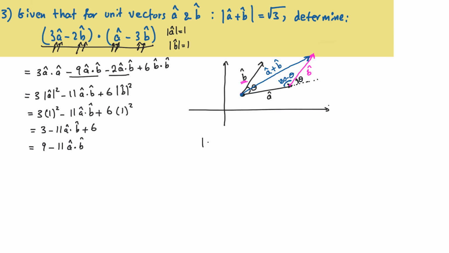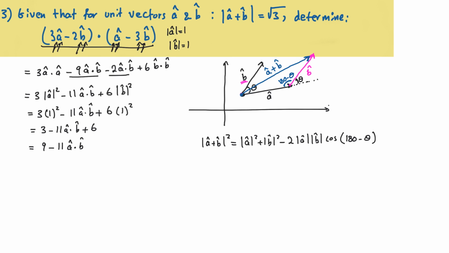We got the magnitude of the sum of A and B squared is equal to the magnitude of A squared plus the magnitude of B squared minus 2 times the magnitude of A times the magnitude of B times the cosine of the angle between them. But the angle between them isn't theta, it's actually 180 minus theta. So I'm going to put that down here.